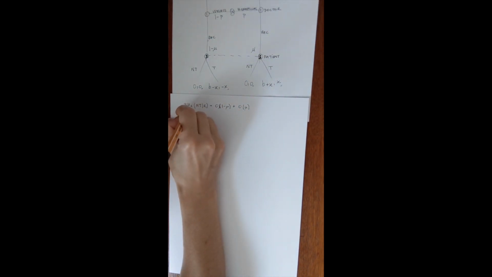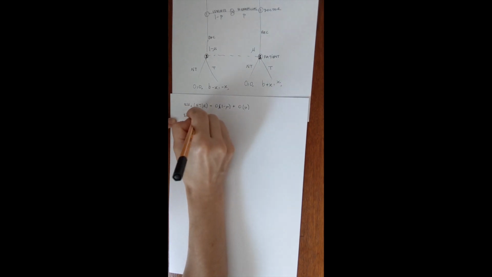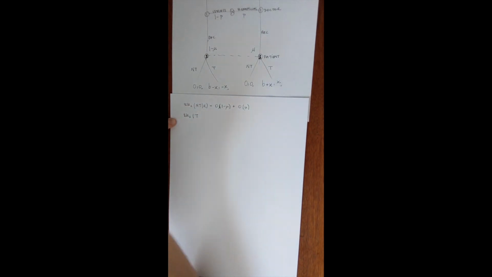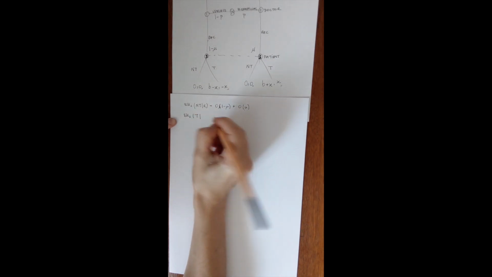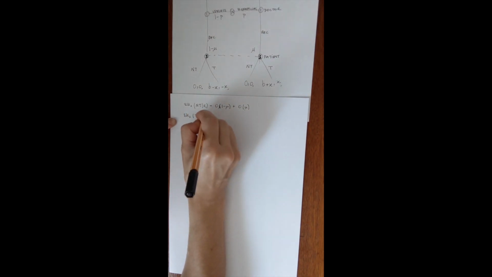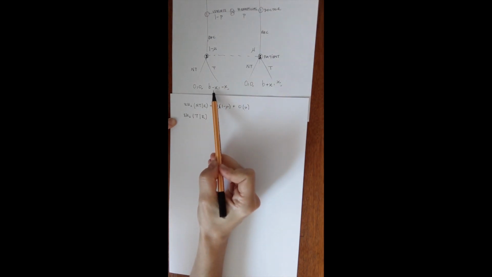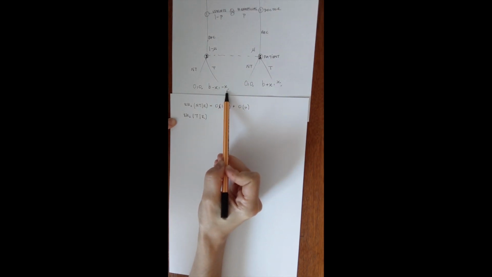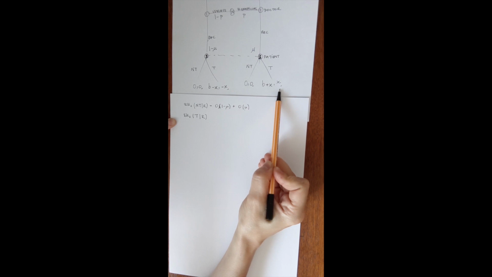And the expected utility for player 2 for choosing test, given he receives the message recommend, is going to be 1 minus mu times 1 minus x plus x times mu.